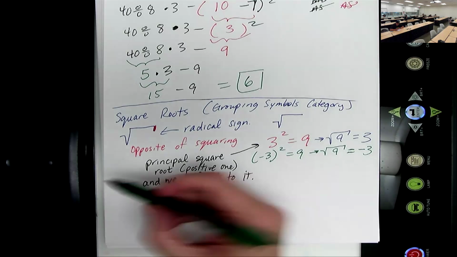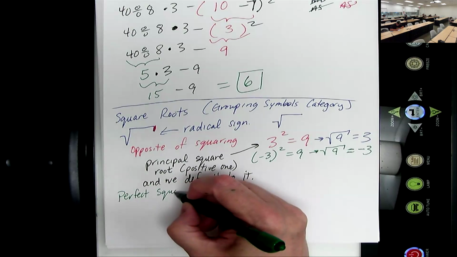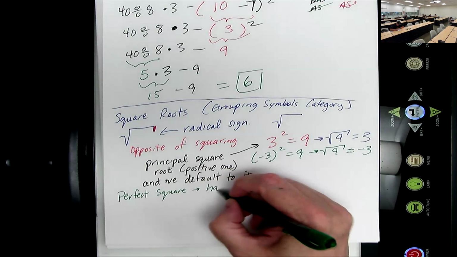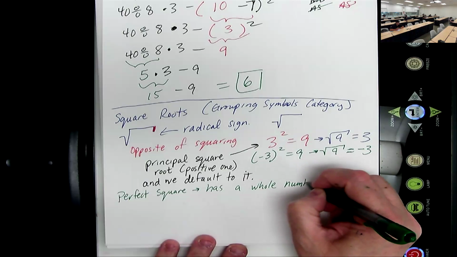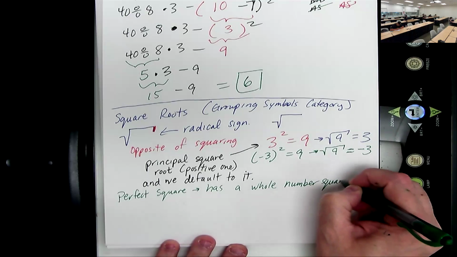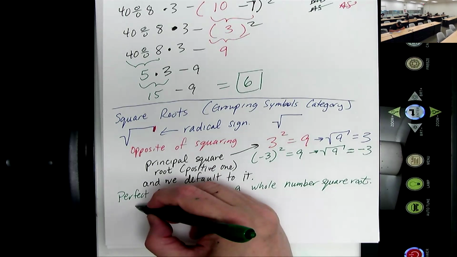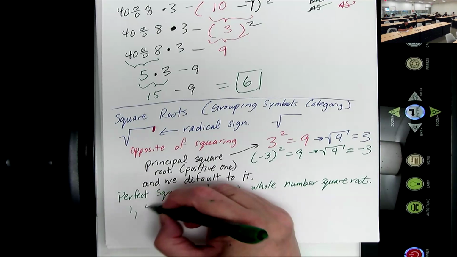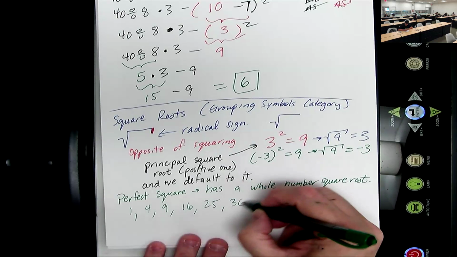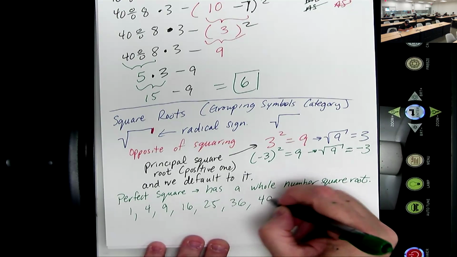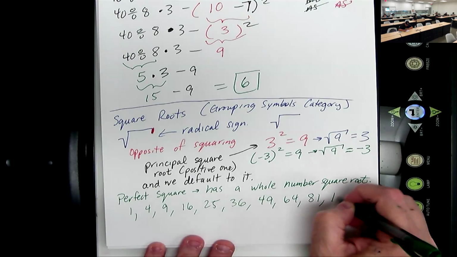We tend to like perfect squares. A perfect square has a whole number square root. Like 1, 4, 9, 16, 25, 36, 49, 64, 81, 100.